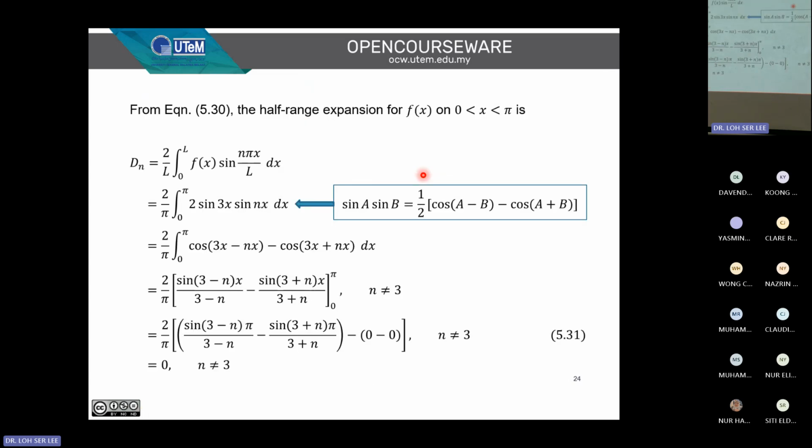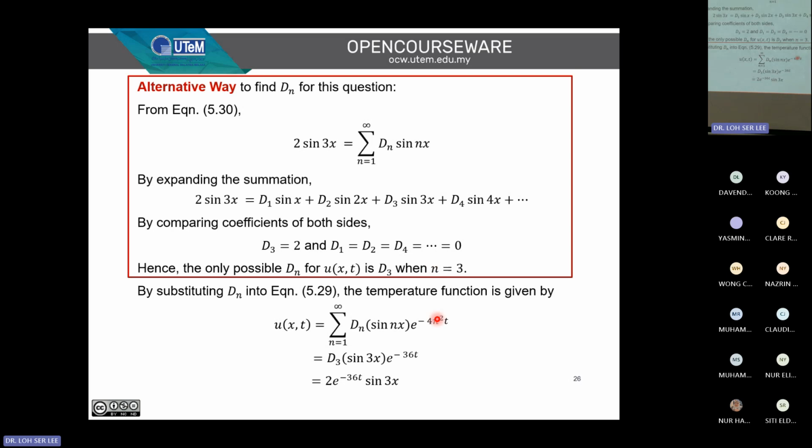So you write this out, you get this. So this is your solution. You just substitute D3 by 2. Then you get the final solution.